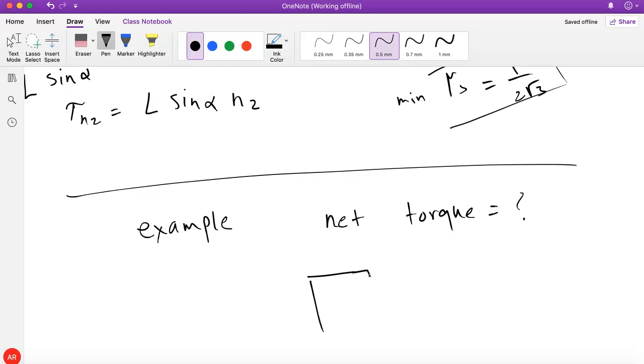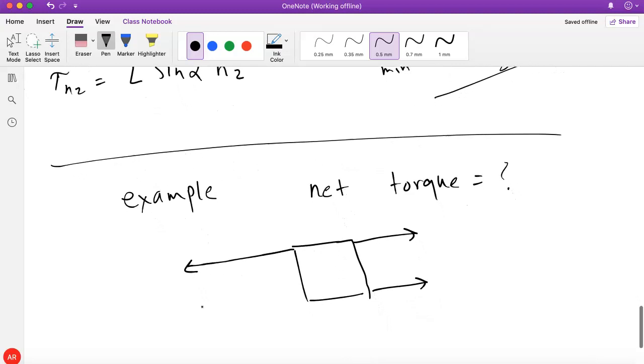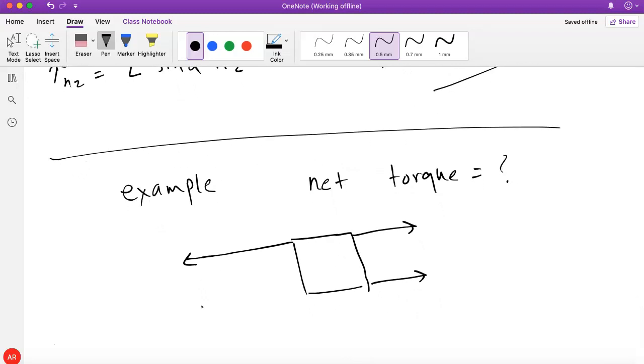So we have a square-shaped block like this. There is one force here, one force here, one force that's twice as big here. What is the easiest way to calculate the net torque? We have this freedom of picking our axis.